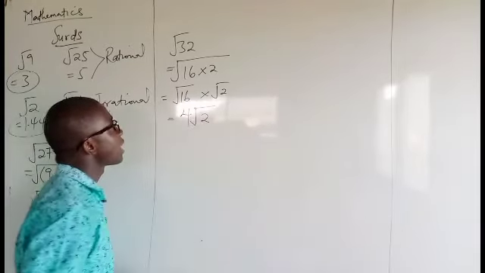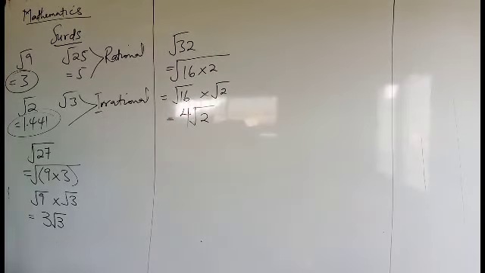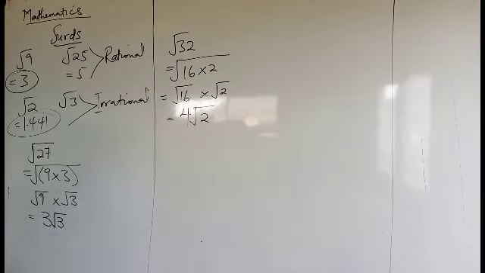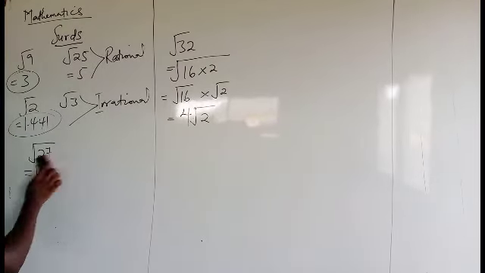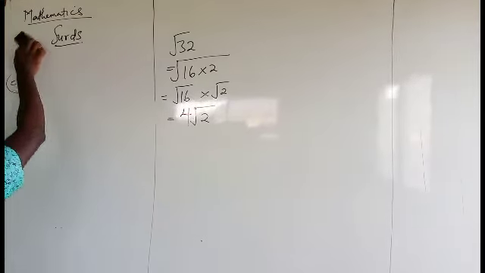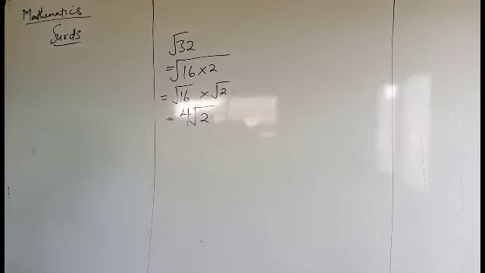So the answer for the square root of 32 in surds is 4 root 2. Let's keep on trying more examples as we follow this video. You can pause this video to try your hands on different questions.